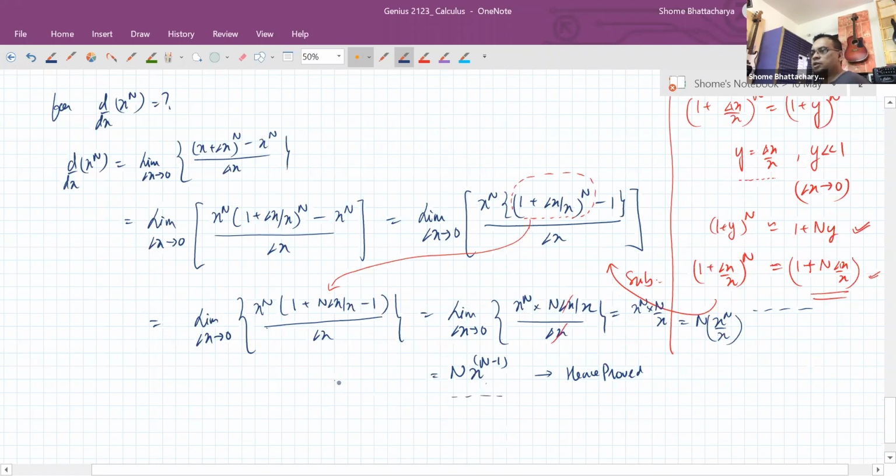So this becomes the formula for us, that differentiation of x to the power n by the first principle, or by the definition method, by the limit method, is coming to this. Okay.